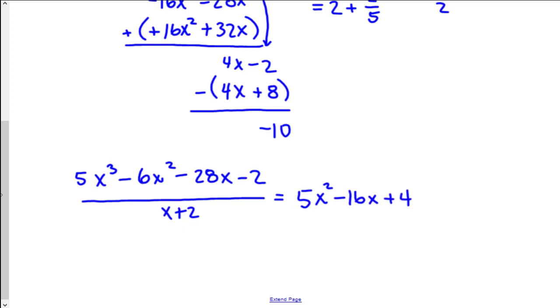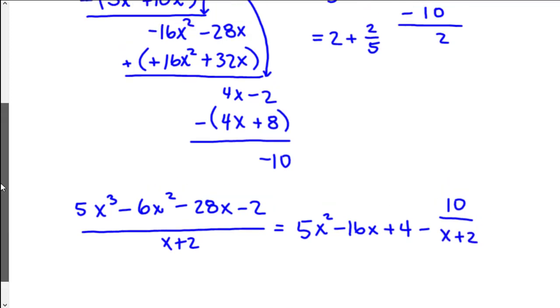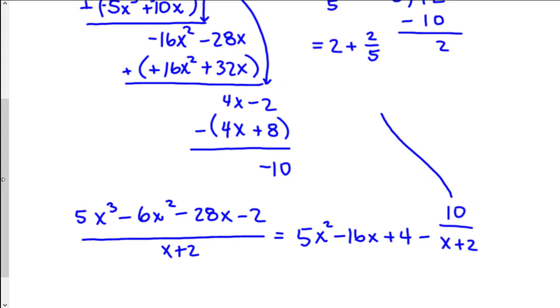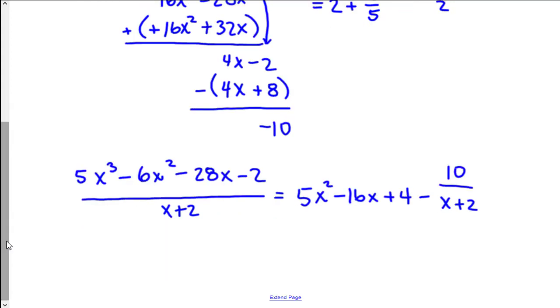Then it's going to be minus 10, which is my remainder, over the original denominator of x plus 2, in the exact same way I've written this fraction here. It's always your remainder over the original denominator. Now, that is how we perform polynomial division.